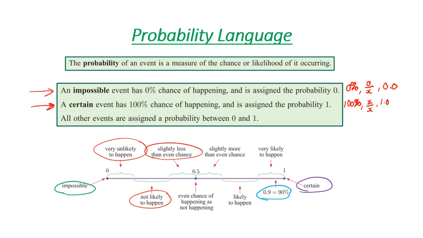Even chance is 50-50, smack bang in the middle. We've got slightly more than even chance, likely to happen, and very likely to happen. So these words describe the actual chance of something happening. The more likely it is to happen, the more it leans towards the right on our probability line. The less chance of it happening, the more it leans towards the left.